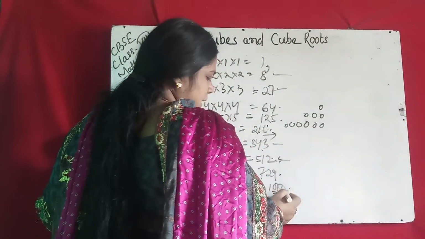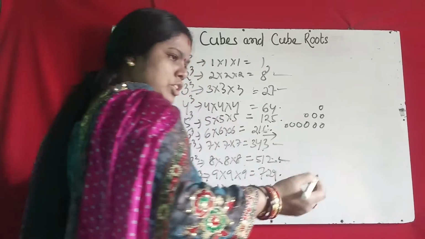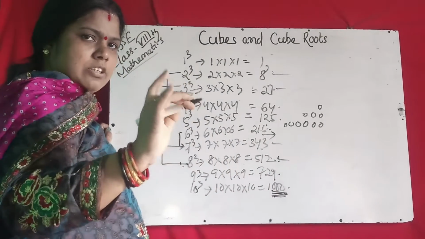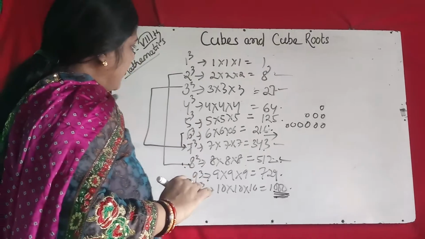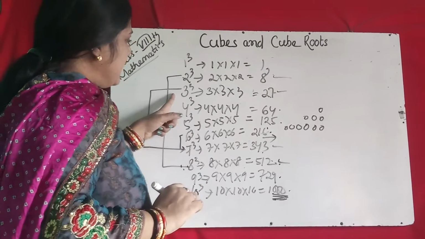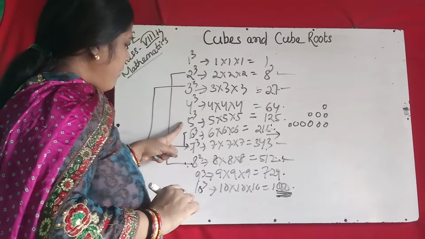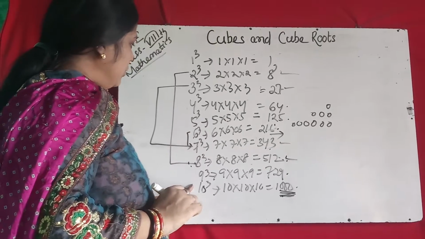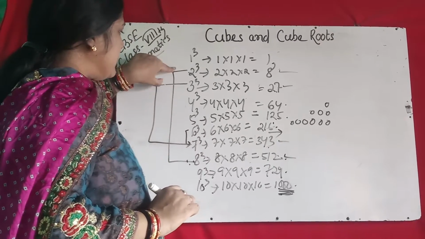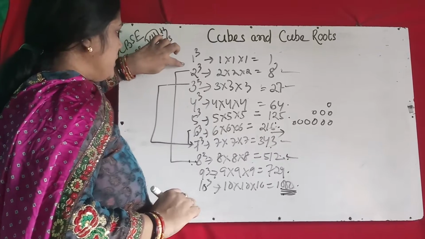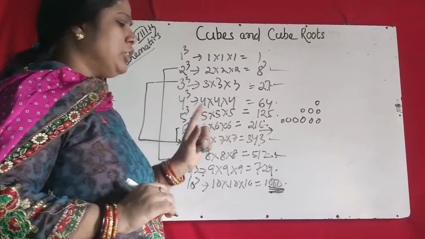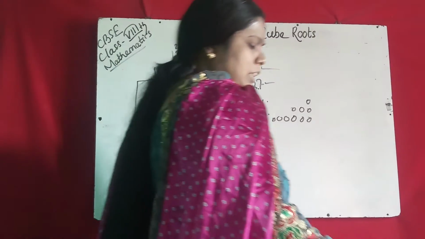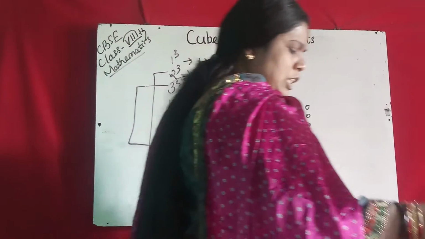If the ones place has 2 zeros or 4 zeros or 5 zeros, that is not a perfect cube. You must remember this.